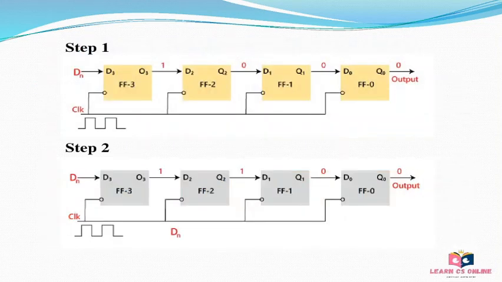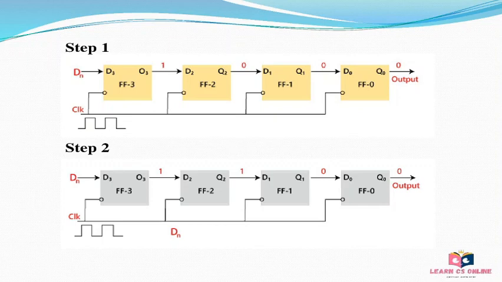Step number 1. When the clock signal application is disabled, the outputs Q3, Q2, Q1, Q0 are equal to 0, 0, 0, 0. The LSB bit of the number is passed to the data input D-in, that is D3. When the clock is applied, the value of D3 becomes 1.